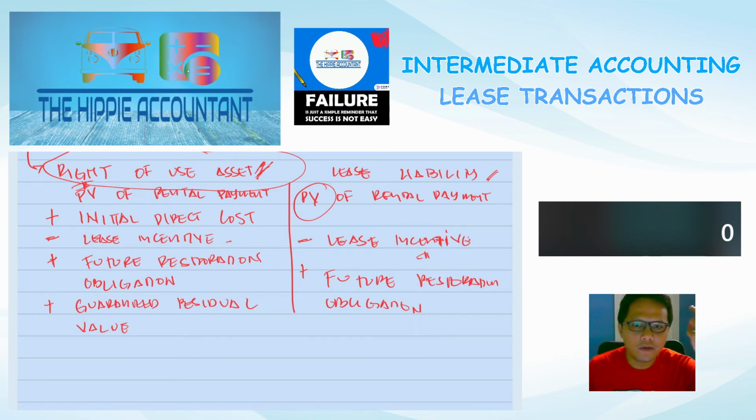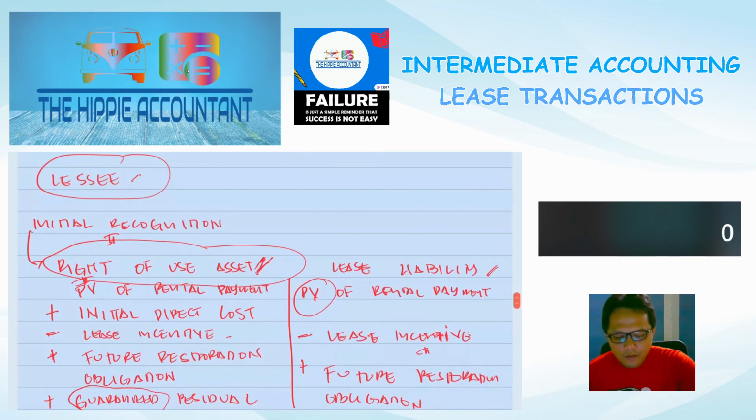Pag sinabi sa lease agreement natin na, sige, para iparenta mo talaga sa akin yung subject of the lease, I will guarantee you na at the end of the lease term, I will pay you the residual value of the asset. Yan yung tinatawag natin na guaranteed residual value. Which is, ang magbabayad is si lessee.